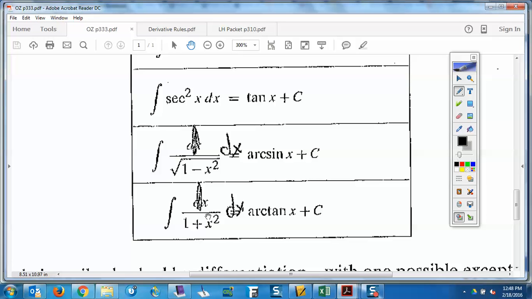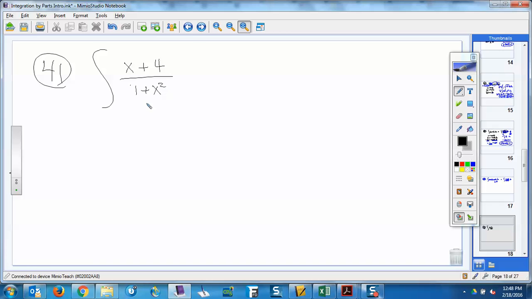Arc cosine I will put on. All it is is a negative, so it's actually the same. They're only different by a shift, so essentially they have the same antiderivative, basically. But yeah, we're going to do arc sine or arc tangent. Those are the ones we want. All right, so when I see that 1 plus x squared, that's what I think of. But it's not always arctangent.